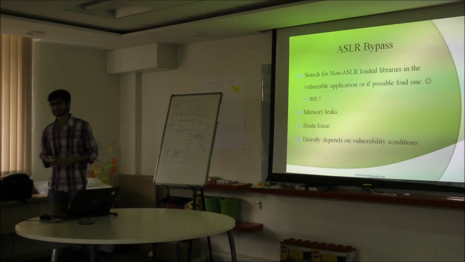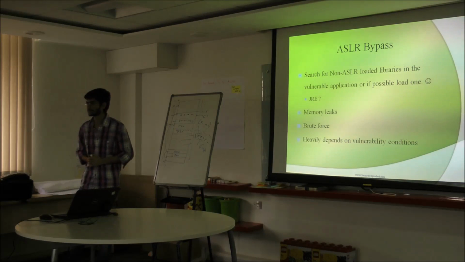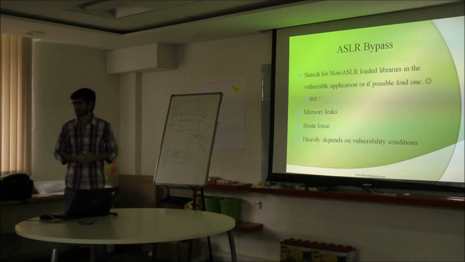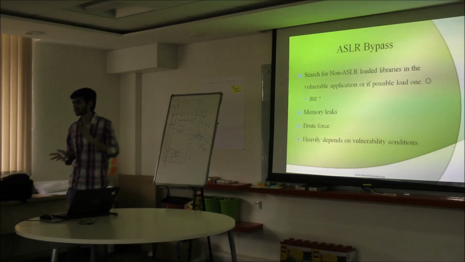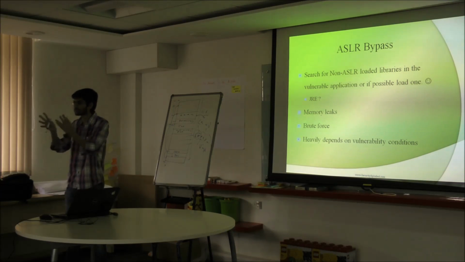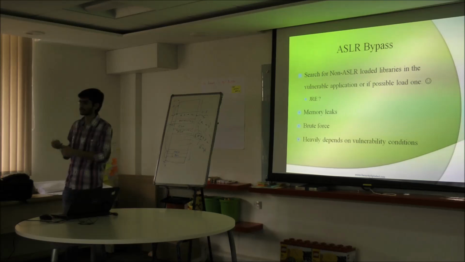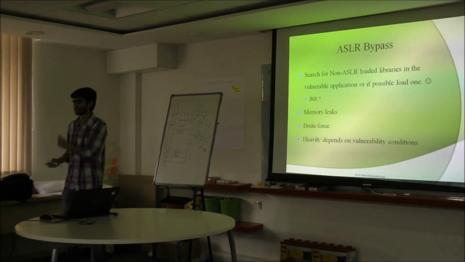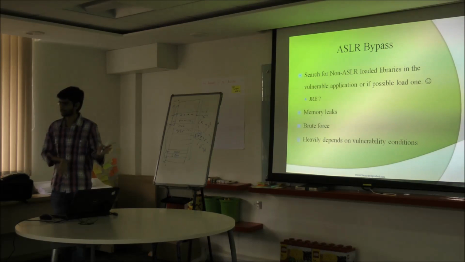When we talk about client-side exploits, JRE, Java, supports some libraries that are not ASLR enabled. You can use an applet or some dummy class to force that library to load, and then use your gadgets from it to execute your code.